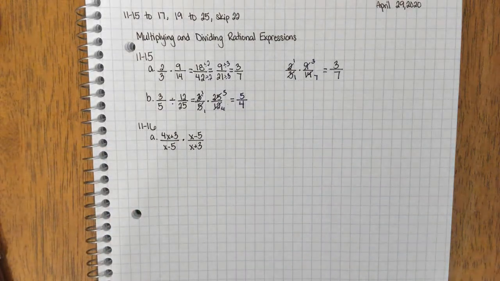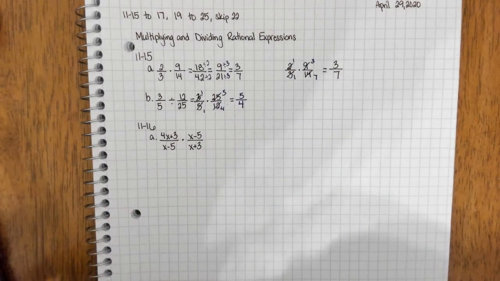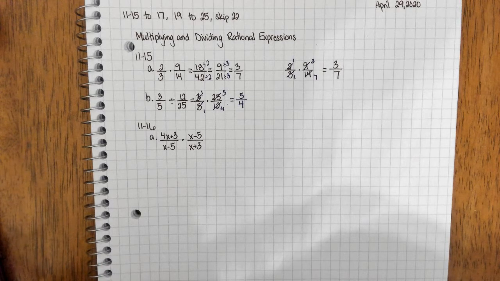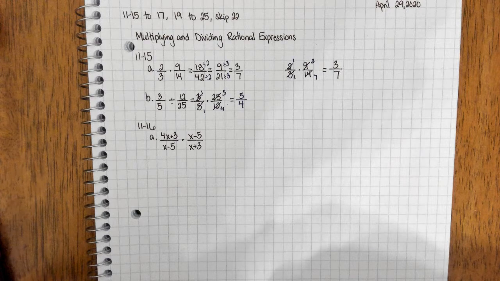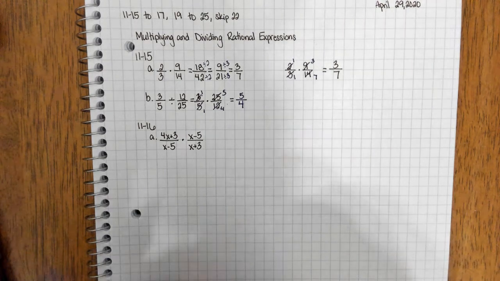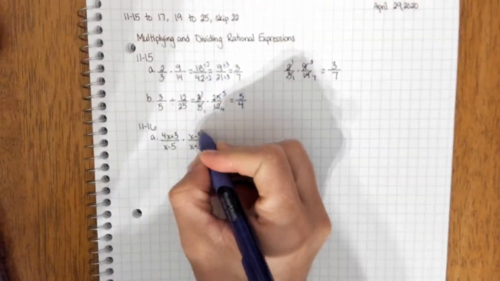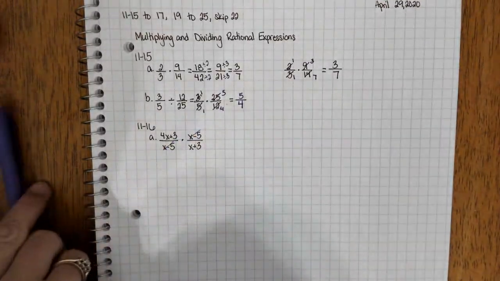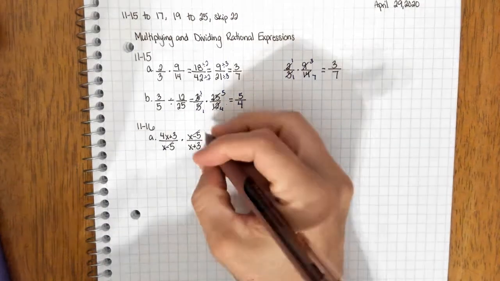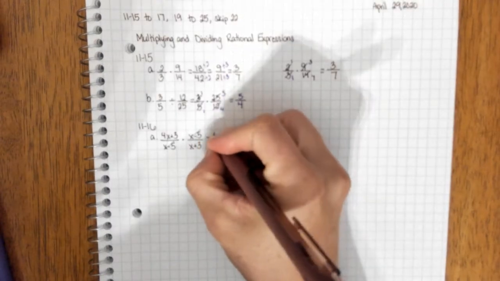Whenever you have like terms, one in the numerator, one in the denominator, they can cross out and make a big 1. You could rearrange them, but it's not that important to do it that way. So we have an x minus 5 and an x minus 5 that cross out and make a big 1 essentially.